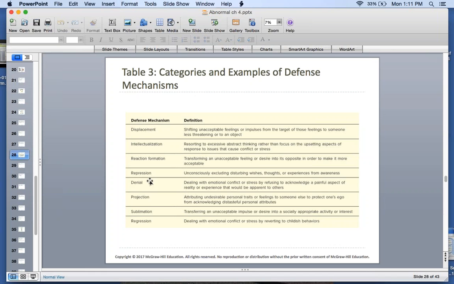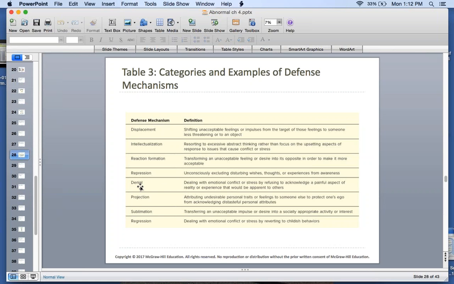Repression would be the idea that you unconsciously exclude disturbing wishes or thoughts or experiences from awareness. Of course, this doesn't really work that well, or else everybody would use it instead of letting disturbing things that have happened bother us, right?